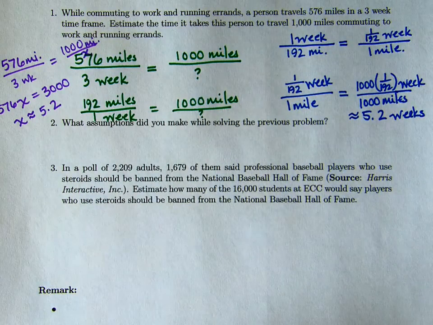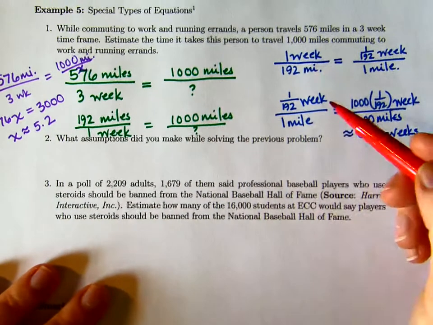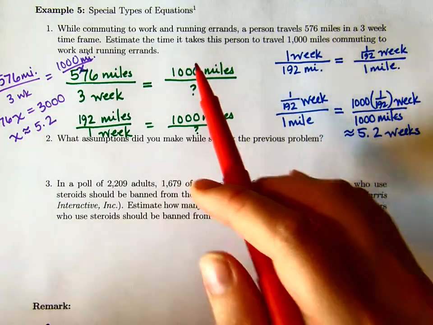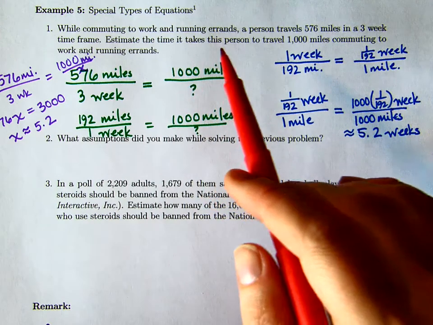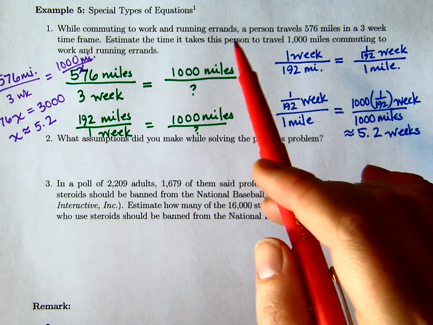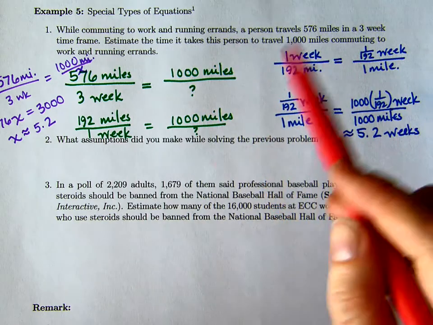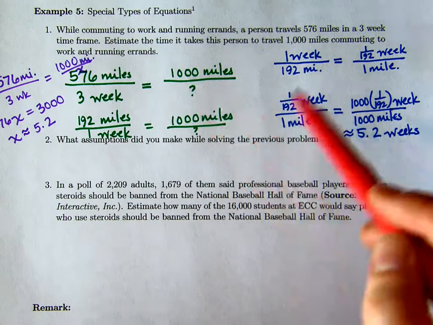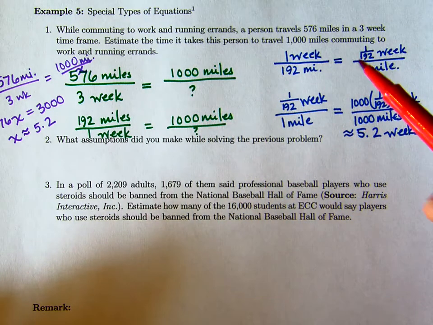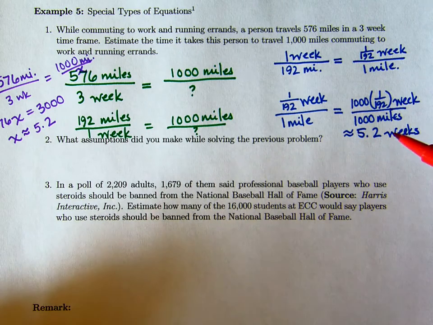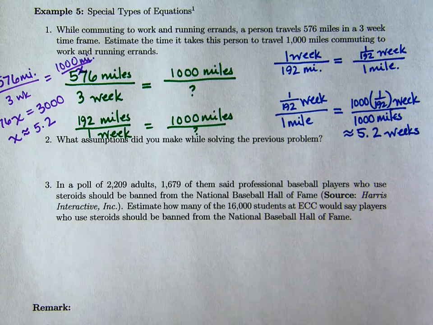Because in order for this to be true, we have to assume that they commute to work and they run the errands about the same amount or at a consistent rate every week. We're really kind of banking on the fact that their weeks are pretty much the same.